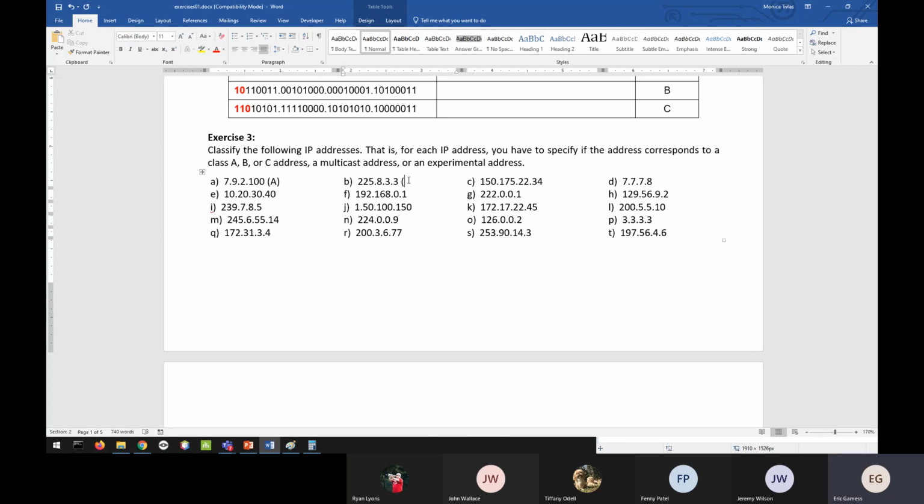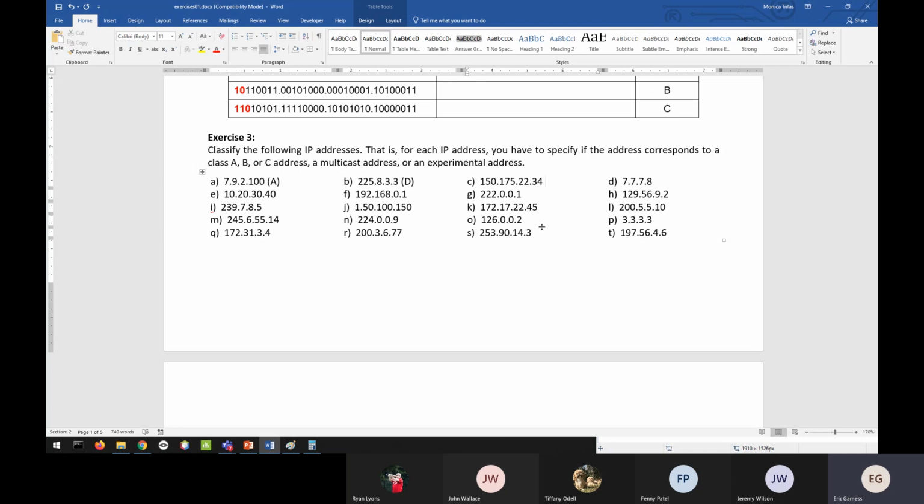This is a multicast address, which is class D. What about this one? Just look at the range. We have the range 0 to 127, then 128 to 191. Class B, because it's between 128 and 191.